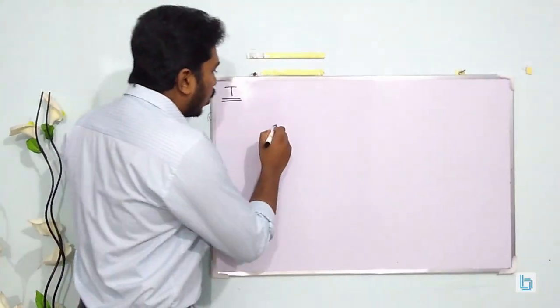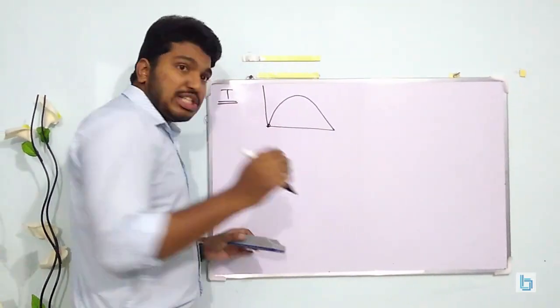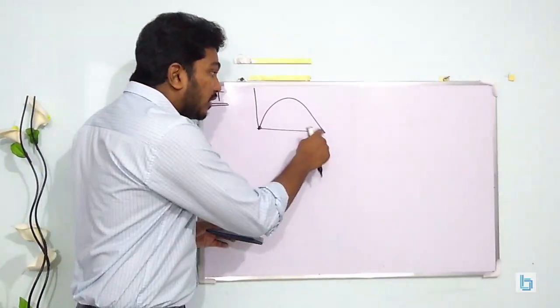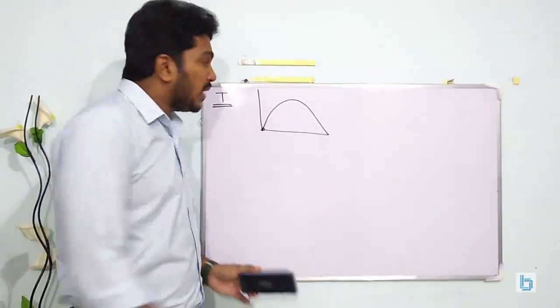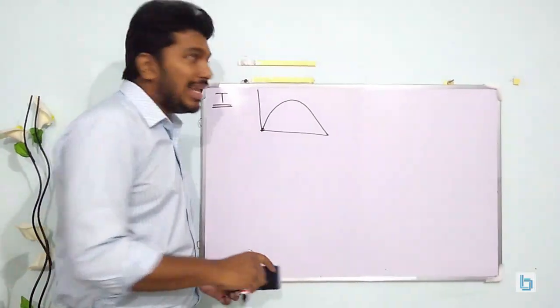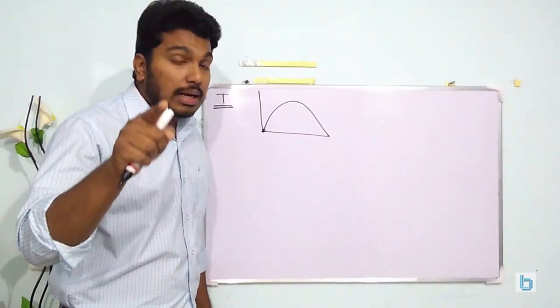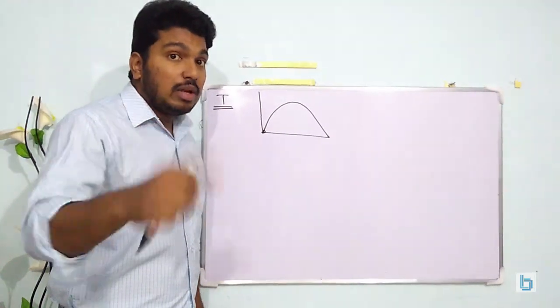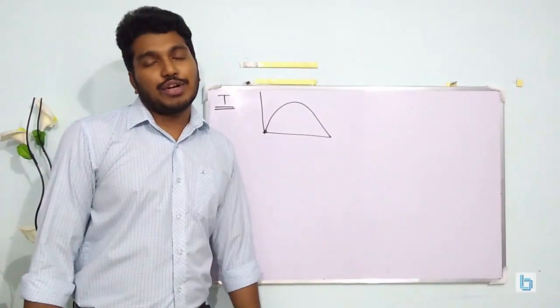Now we will work on the projectile motion. The initial velocity of projection and the final velocity with which it hits the ground will be equal. I repeat, the initial velocity of projection and the final velocity with which it hits the ground will be equal, but only magnitude wise. Direction will be different.